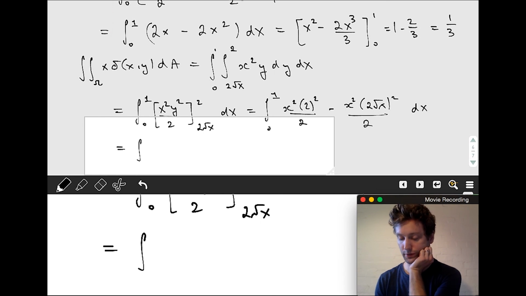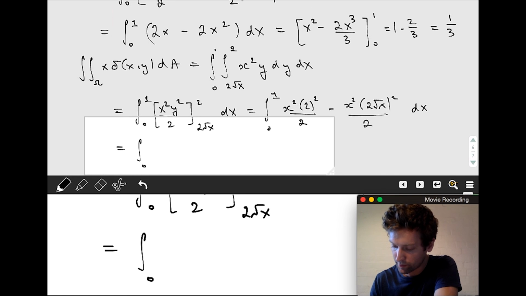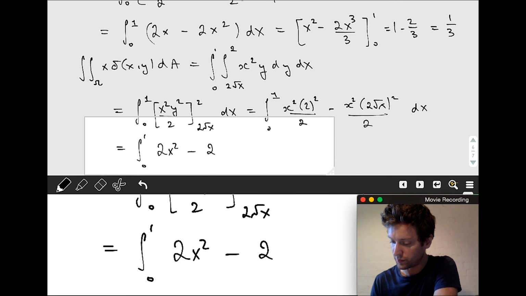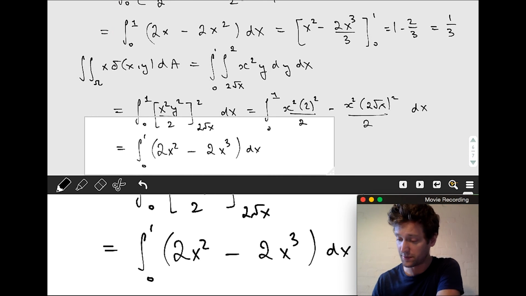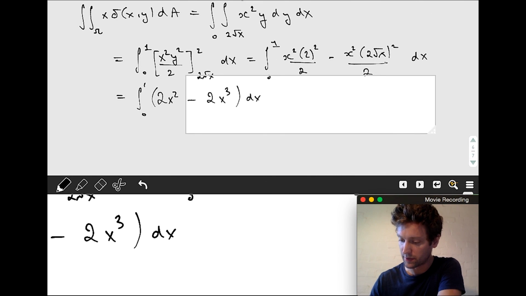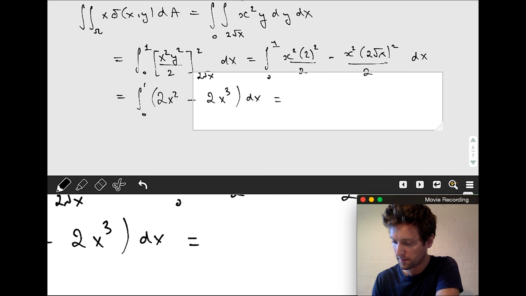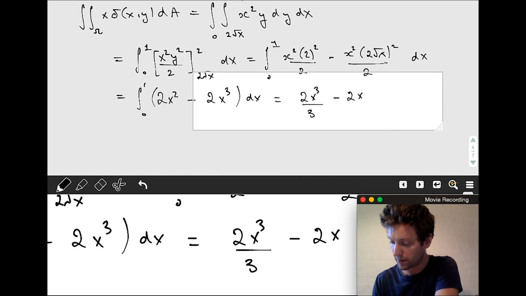So I get the integral from 0 to 1 of 2x squared minus 2x cubed dx, so it looks very much like the integral we just did. So when I do that, I'm going to get 2x cubed over 3 minus 2x to the power of 4 over 4 from 0 to 1.